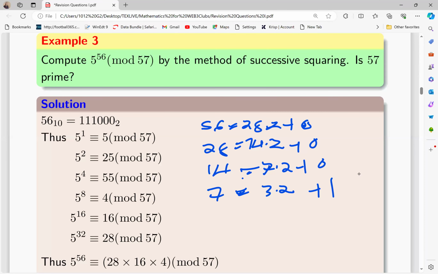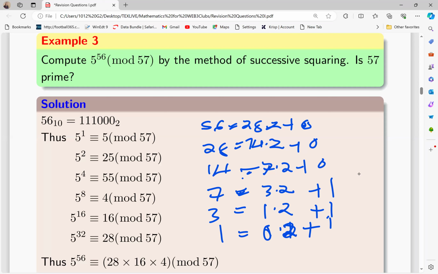So 3 becomes 1 times 2 plus 1. Then we take 1, which is 0 times 2 plus 1.